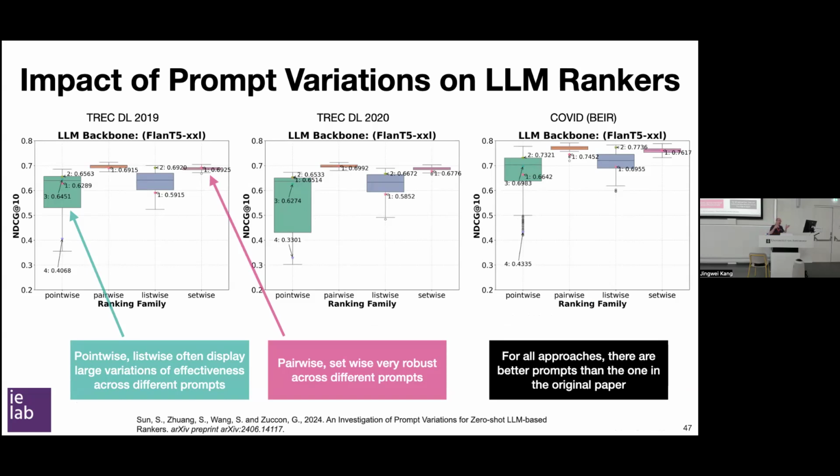Here is a study where something like 25,000 different experiments were run with different variations of prompts, where you have role-playing, you even insult the model or be very nice to the model, and see how that influences your ranking, sorry, in these 4 large families. What you start observing is that some families are really robust to prompt variations, so that's your pairwise and your setwise methods.